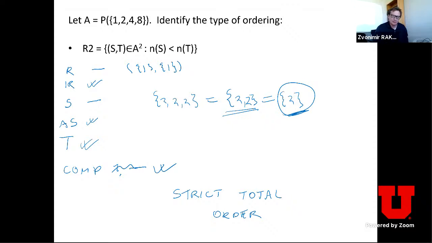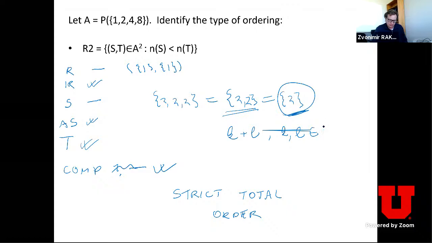Basically, I had something like K plus L, where K and L are integers, and I want to do a substitution here. I want to introduce a replacement for this K plus L so that I get into the appropriate form. Maybe I have something like this, and I want to get to 2 times M.